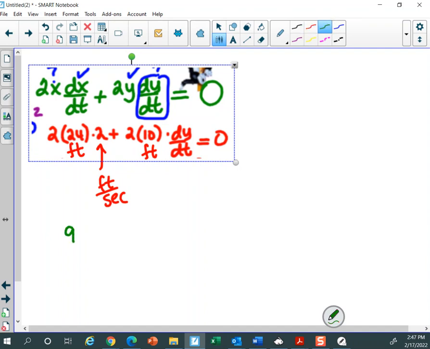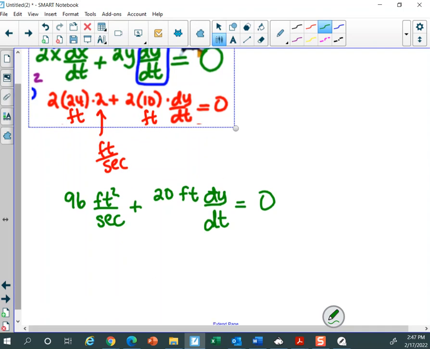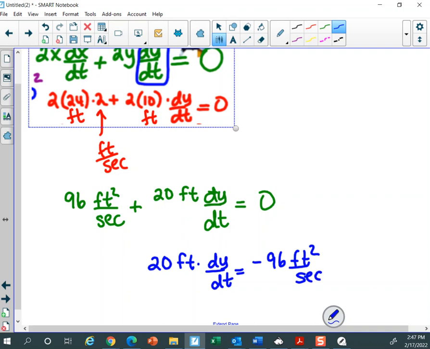So this ends up being 96 square feet per second plus 20 feet dy dt equals 0. Solving for dy dt, 20 feet times dy dt equals negative 96 square feet per second.